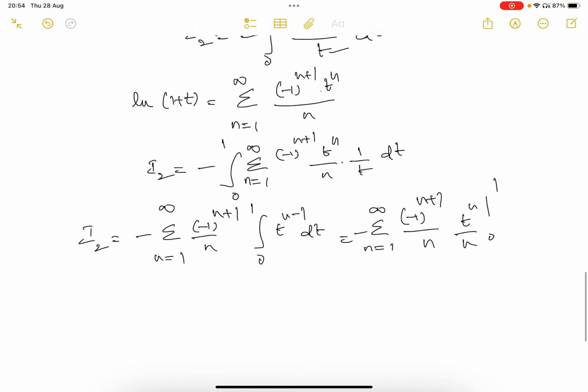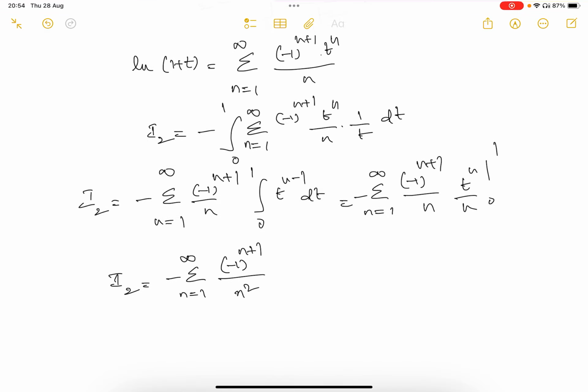So I2 is minus summation n equal to 1 to infinity minus 1 whole power n plus 1 by, when you substitute the limits, 1 power n is 1 and 0 power n is 0, so it will be n square, right?